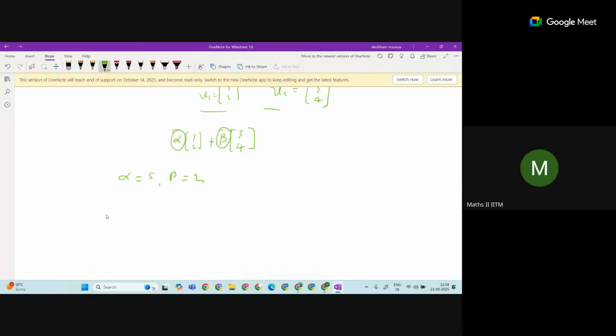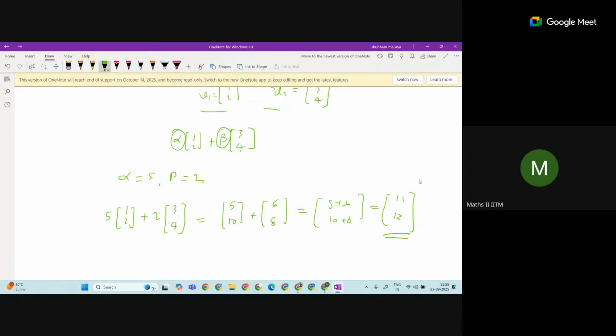So 5 times (1, 2) plus 2 times (3, 4). Multiplying and adding: (5, 10) plus (6, 8), which is 5 plus 6, 10 plus 8, which is (11, 18).